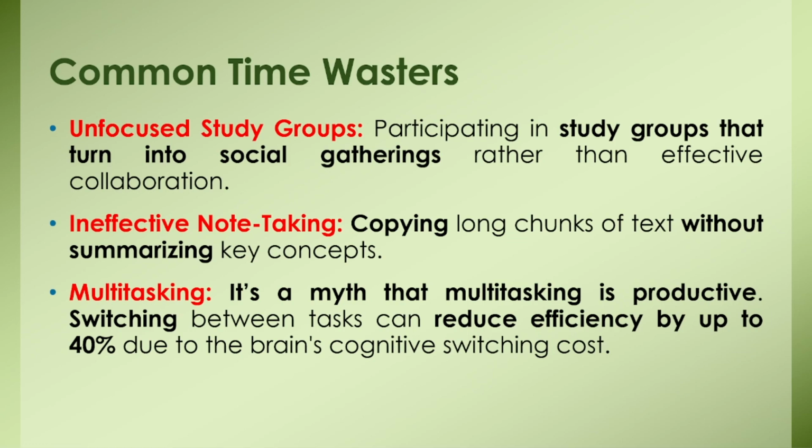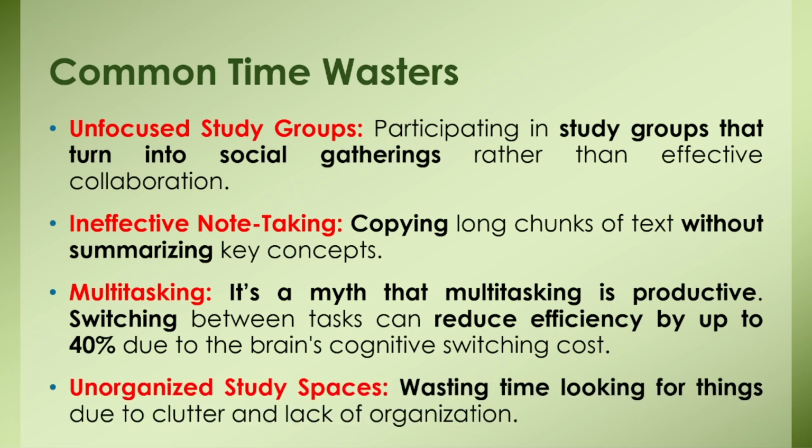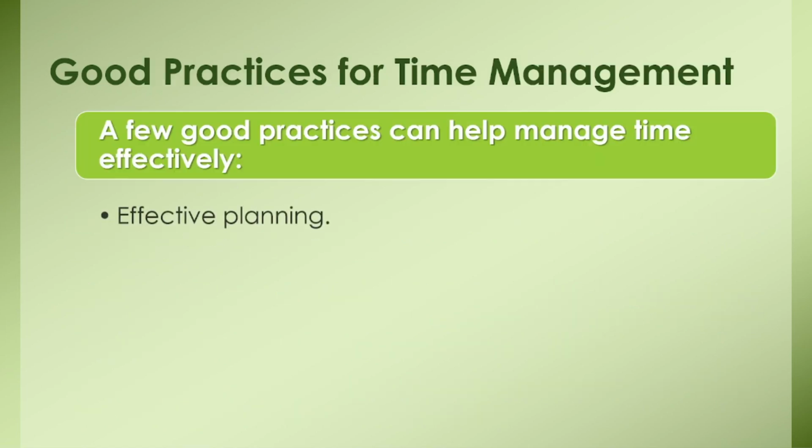This will take time to adjust to the new task, to leave one task and focus on another that is different. So it will take time, and this will cost your brain much of its effort. Unorganized study spaces will make you all the time searching for your stuff to study.